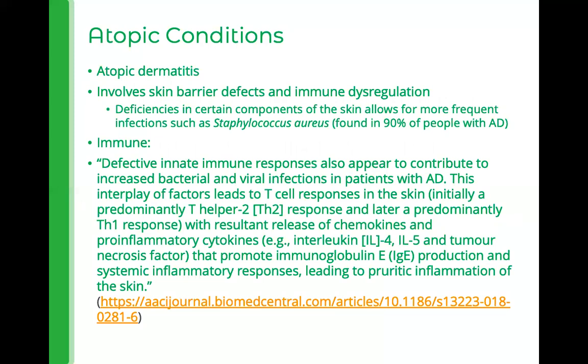And I thought it was really interesting that deficiency in certain components, so there's filaggrin and there's a couple of others, they allow for more infections like Staphylococcus aureus. And Staph aureus is found in 90% of people with atopic dermatitis. Like, that's a staggering amount to me, 90% of people. I think that's a phenomenal amount of infections, and it's not something I was aware of.